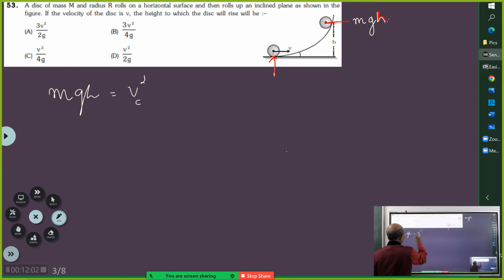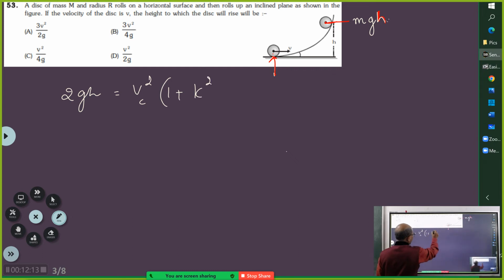So that was Vc square, sorry, here you would have written it as 2gh is equal to Vc square into 1 plus k square by r square. This is the basic equation, if you had let it off and it would have come here. In this case, they have given this V and they wanted to find the H.